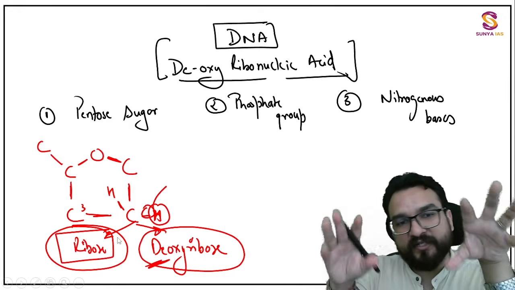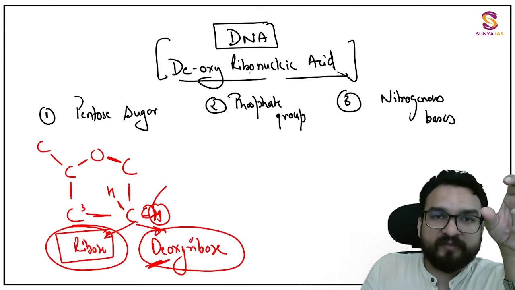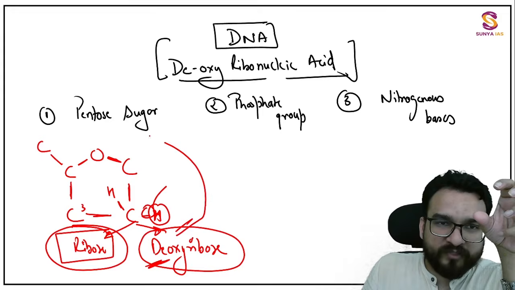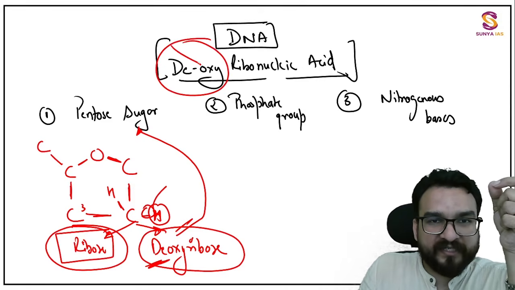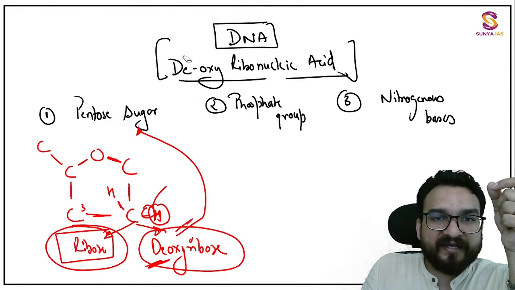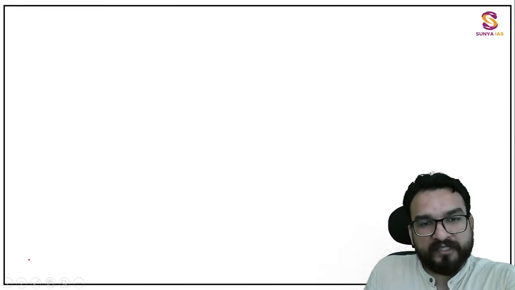In the end, I will tell you the difference between DNA and RNA. DNA is a deoxyribo pentose sugar basically. And when we remove the deoxy from ribonucleic, it will become RNA, which I will tell you later on. Okay, so this pentose sugar plays an important role.